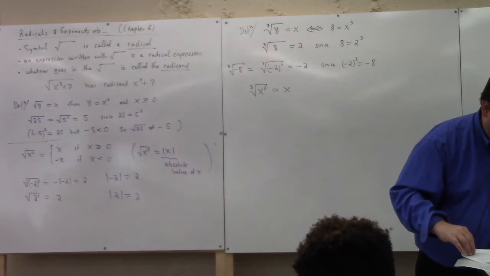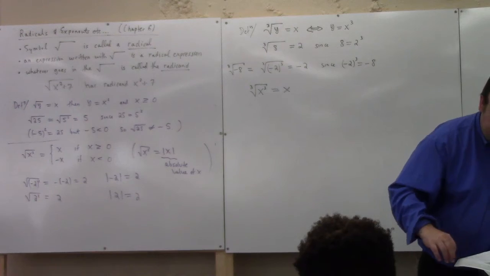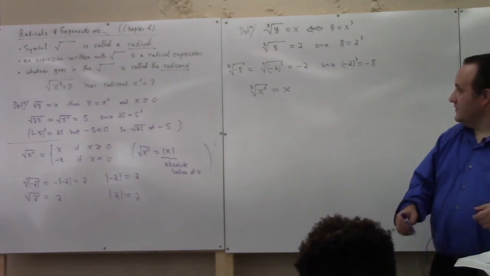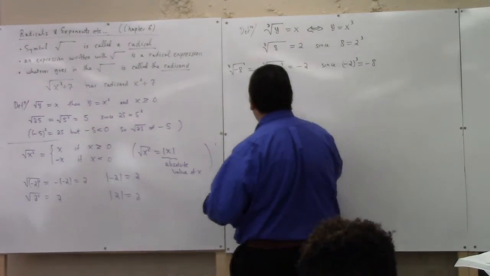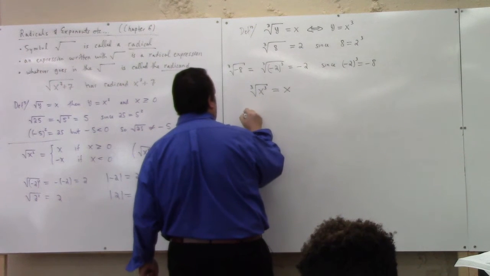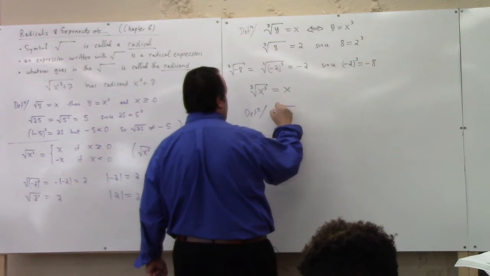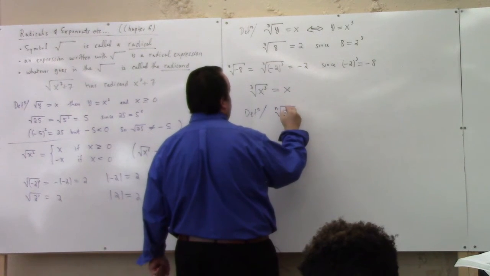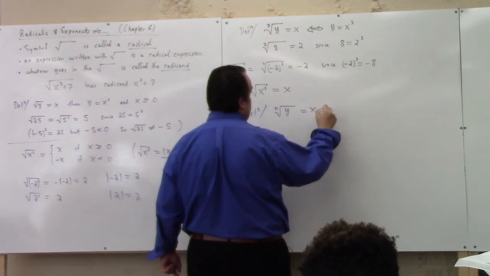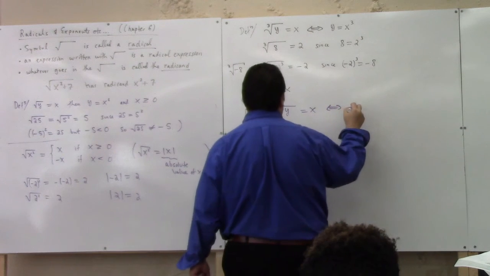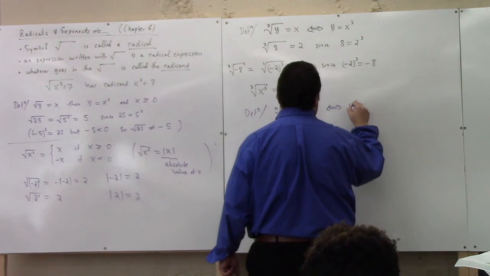Where are the problems in here? And I guess I should bump it up a notch here. Similarly, here's the definition: the nth root of y equals x if and only if y is equal to x to the n.